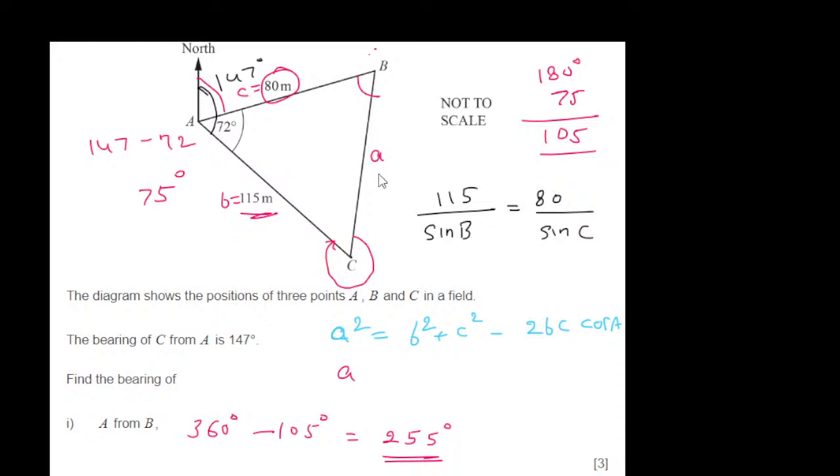So it's 118. So now A is 118, so this BC side is 118.